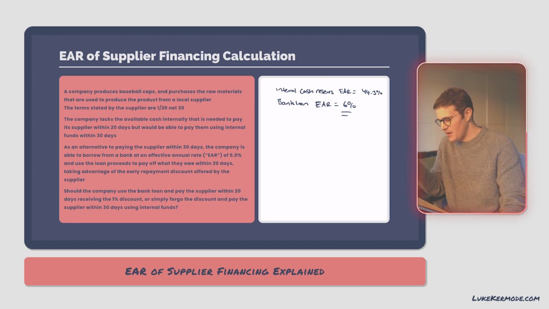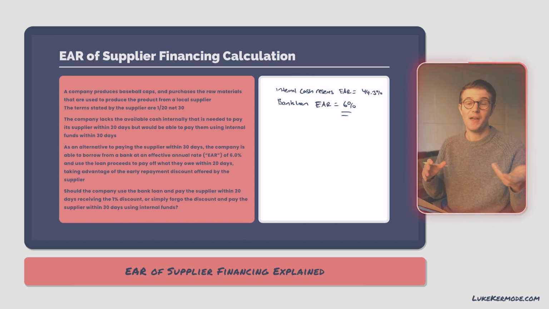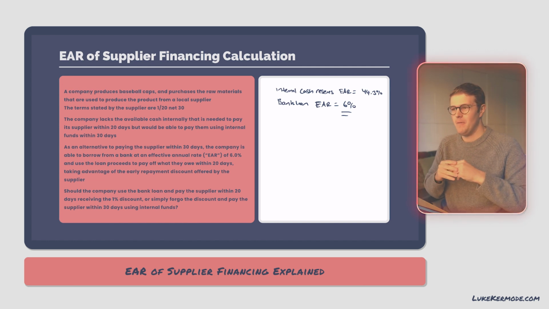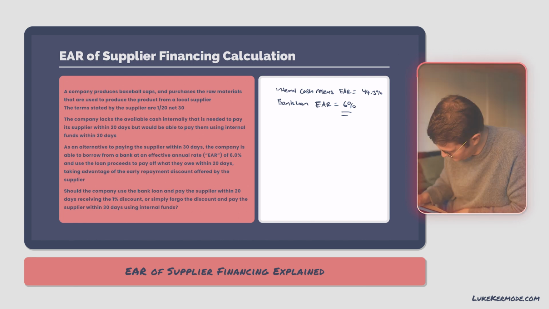So since the interest rate on the supplier financing is going to be materially higher than taking out the bank loan, the company really should borrow from the bank to pay off the supplier early within that 20-day window, benefiting from the early repayment discount. And that will be by far the cheaper approach for the company.